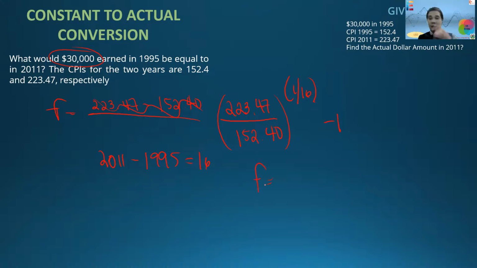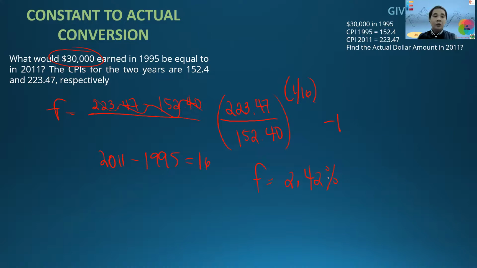Therefore, your general inflation rate is equal to 2.42%. I'll store the value in my calculator since that is a rounded off value. So you have to store your value.